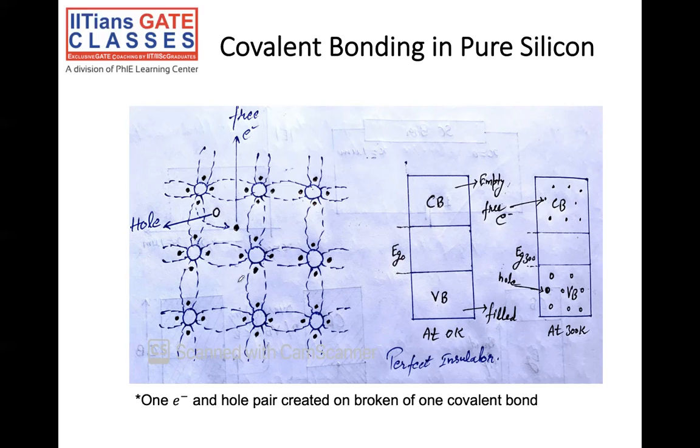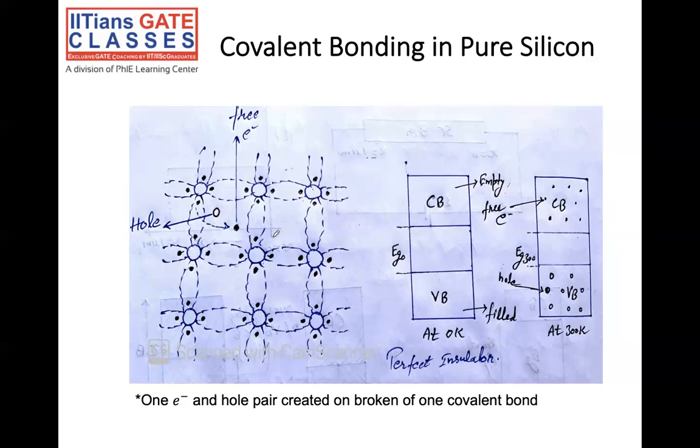This structure says that all electrons are used in covalent bonding. Suppose any bond is broken and one electron comes out, it becomes a free electron. One vacancy is created here, and that vacancy is called a hole, which is represented here. This is the crystal structure of silicon, and it is the same for germanium also, because germanium also has 4 outermost orbit electrons.